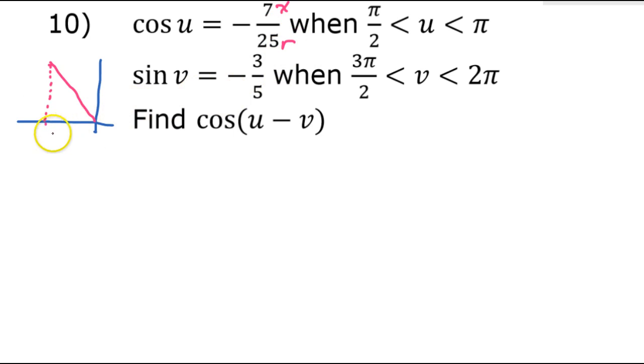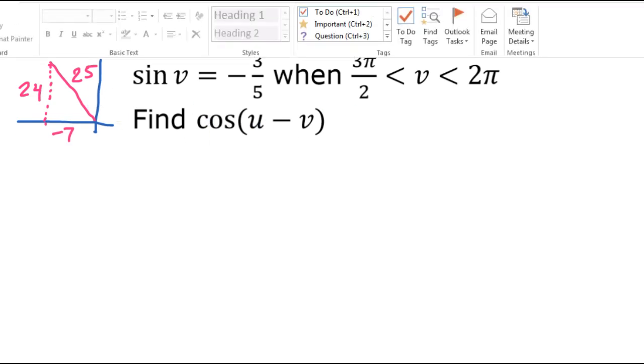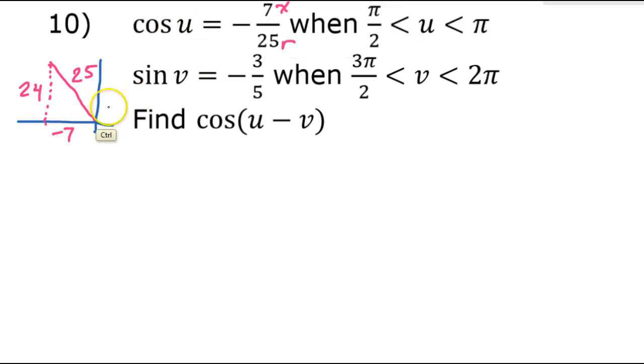So that means this will be negative 7 and this will be 25. So we'll just do the Pythagorean theorem to find the y value. That turns out to be 24. Okay, so we have x, y, and r over there. Let's label this clearly to show that this is angle U. Alright, do not forget that.